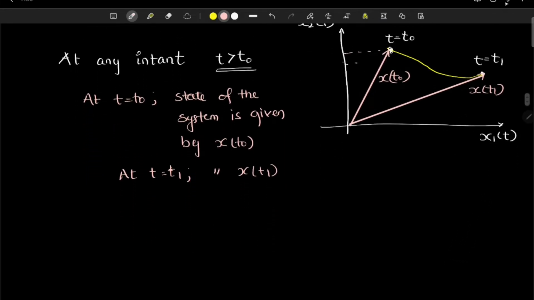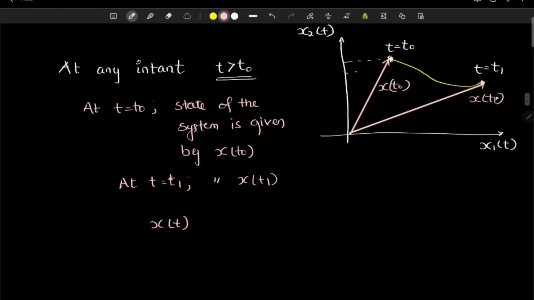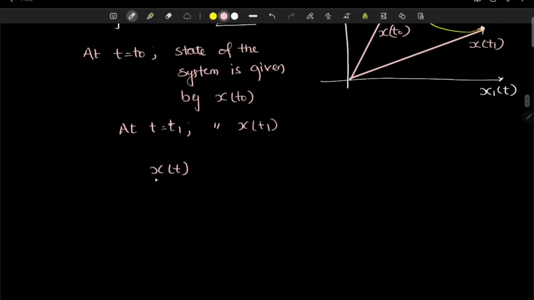At any instant, if you have some state vector x of t, where t is greater than t naught and less than t1, it is nothing but x1 of t plus x2 of t, this is the vector, right? So these are the state variables and this is the state vector.